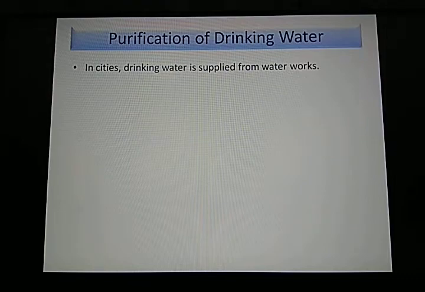There is a water board which ensures that everyone gets safe, or you can say pure, drinking water. Directly we cannot get pure drinking water right from the reservoir. So we have to purify it through various processes. Then only is the water suitable for drinking or any other household purpose.